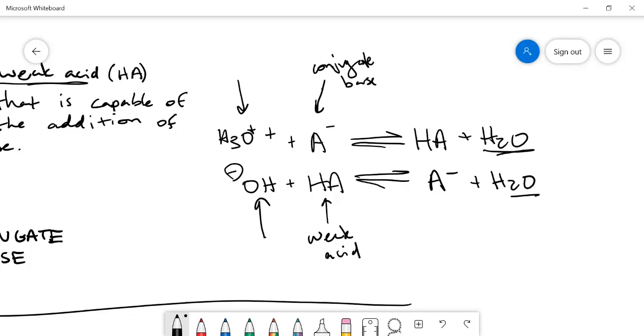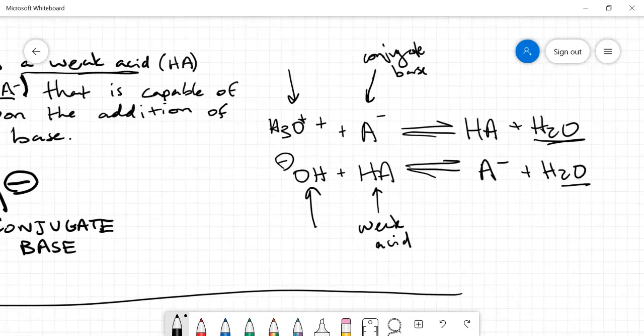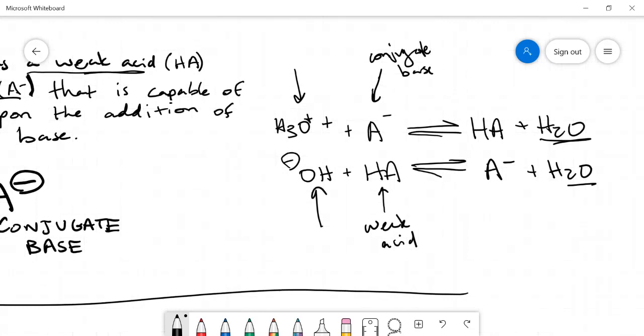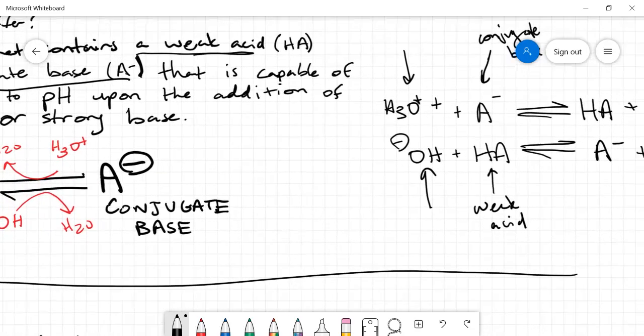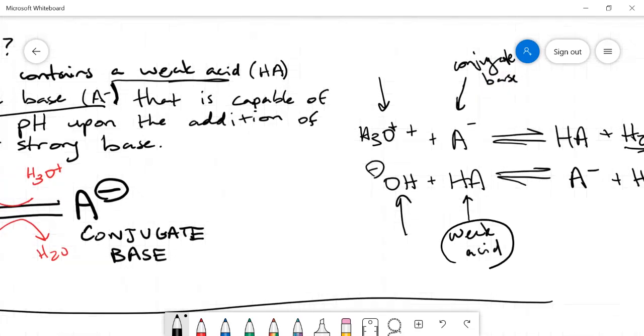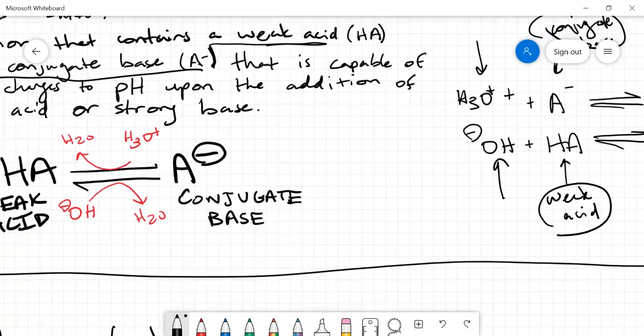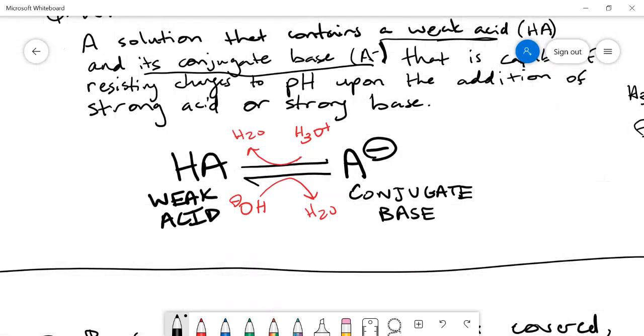So the idea here is that you always need to have an appreciable amount of both your weak acid and conjugate base so that you can resist changes to pH when I add in my strong acid or my strong base. Now, what does it mean to have an appreciable amount?